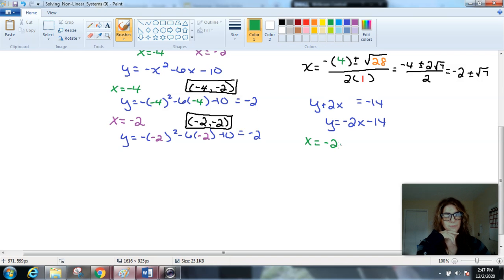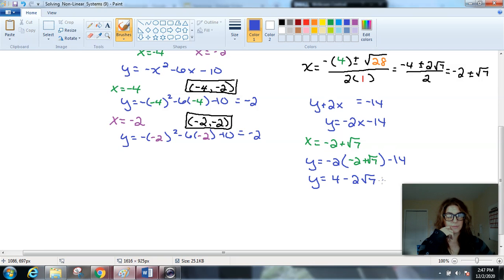So I'm going to start with the positive square root of 7. Okay, so y equals -2 times -2 plus square root of 7. Now to simplify all of this, we would distribute. We get 4 minus 2 radical 7 minus 14.